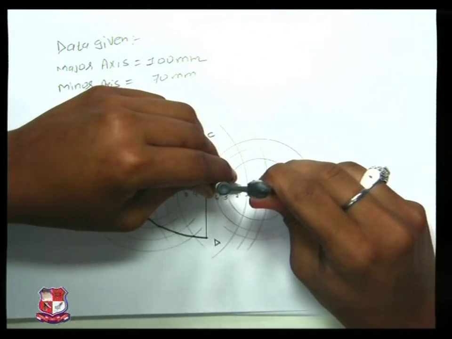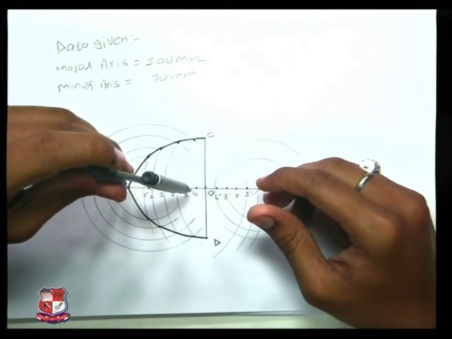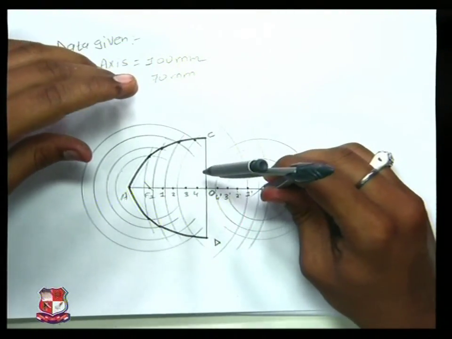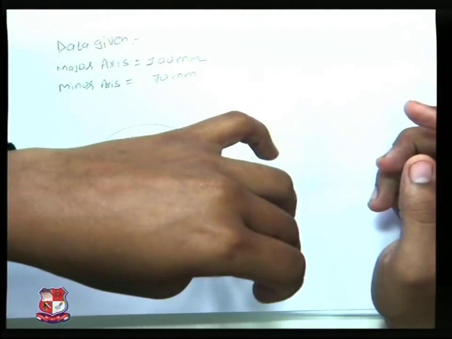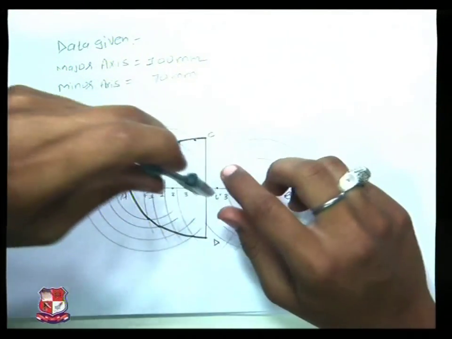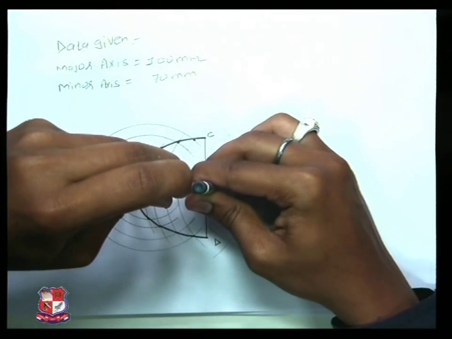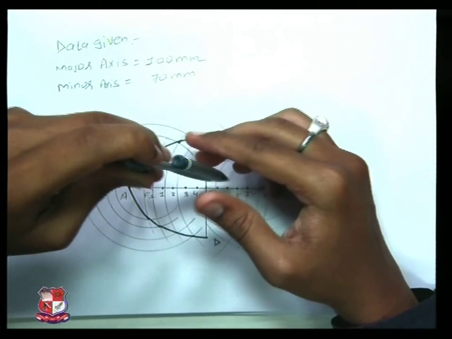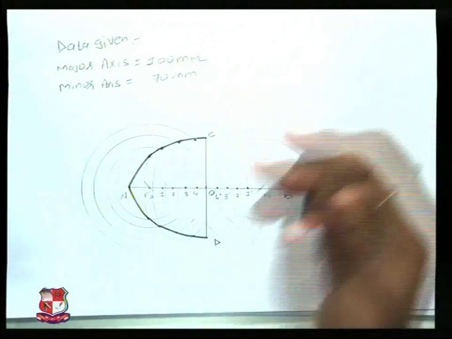B4 dash as radius, F2 as center, draw an arc like this. Finally, A4 dash as radius, F1 as center, draw an arc like this.